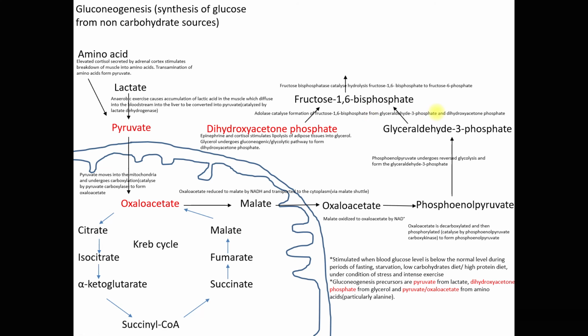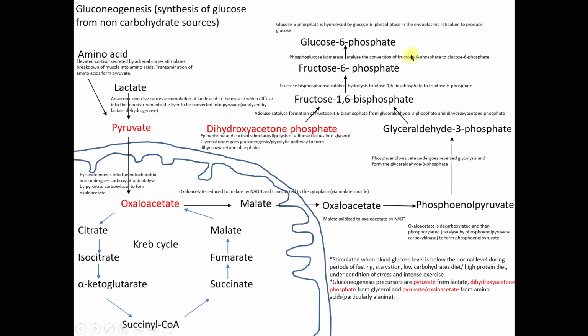Then fructose bisphosphatase catalyzes hydrolysis of the fructose 1,6-bisphosphate to fructose 6-phosphate. And then phosphoglucose isomerase catalyzes the conversion of fructose 6-phosphate to glucose 6-phosphate.